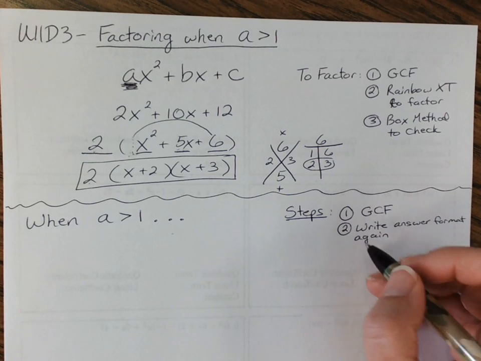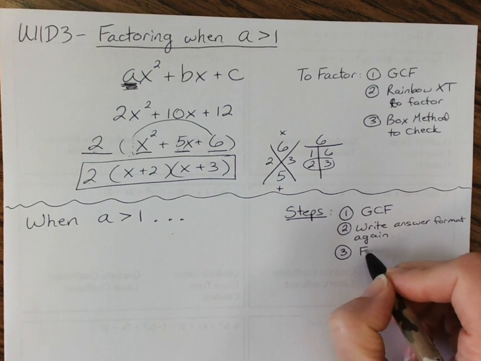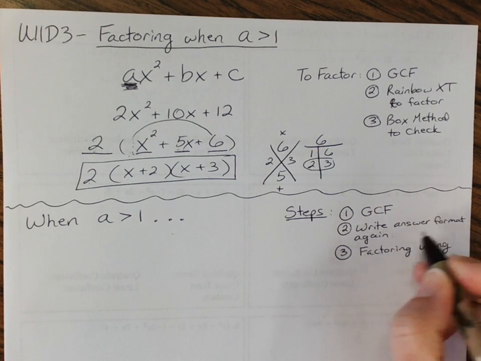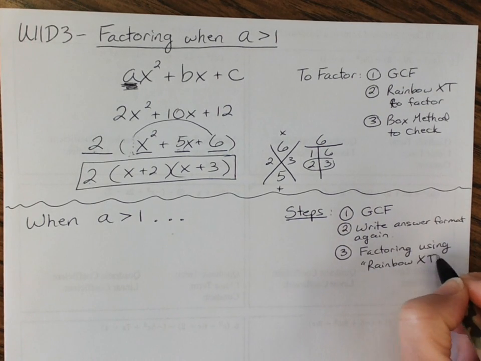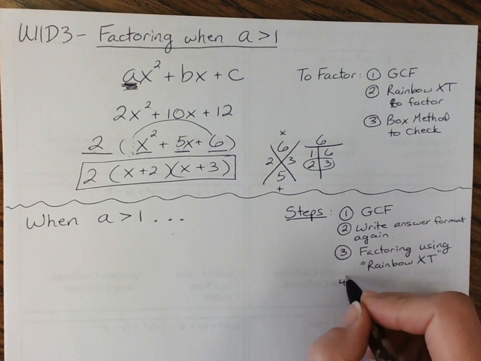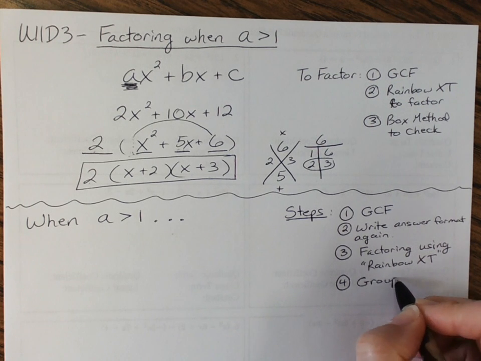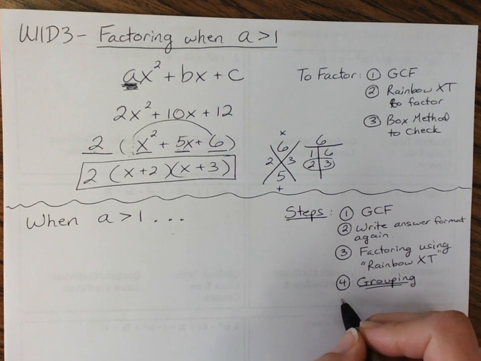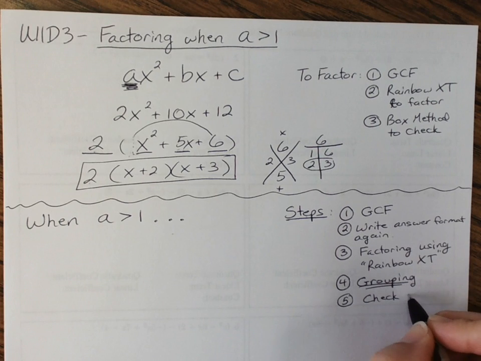Step 3 is going to be factoring using rainbow xt. This is all still the same stuff that you did last time. And now here's the new step. If a is greater than 1, I have to do something called grouping. So we're going to factor by grouping, and then after grouping we're going to check using box method.